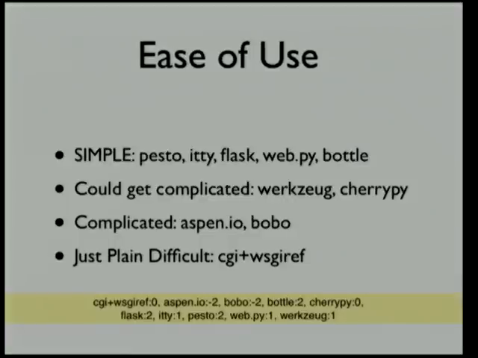And I also took a point off of Aspen and Bobo. Again, I'm not really being fair to Aspen, but for the sake of giving an accurate idea of what's going on inside my head, I took a point off of it and Bobo because Bobo was not clear at all what was going on and it wasn't easy to use.